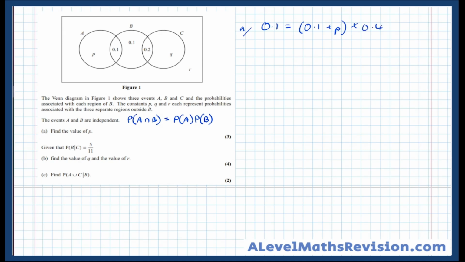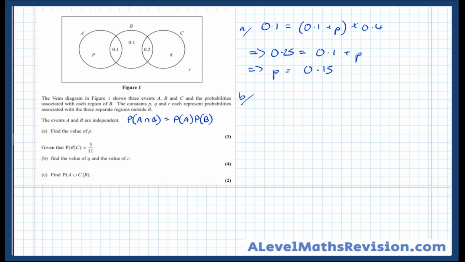So rearranging that, dividing by 0.4, well, 0.1 divided by 0.4 is a quarter, I should be consistent and use decimals, 0.25 equals 0.1 plus P, and then taking everything over the other side, that tells us that P equals 0.15 is the answer.